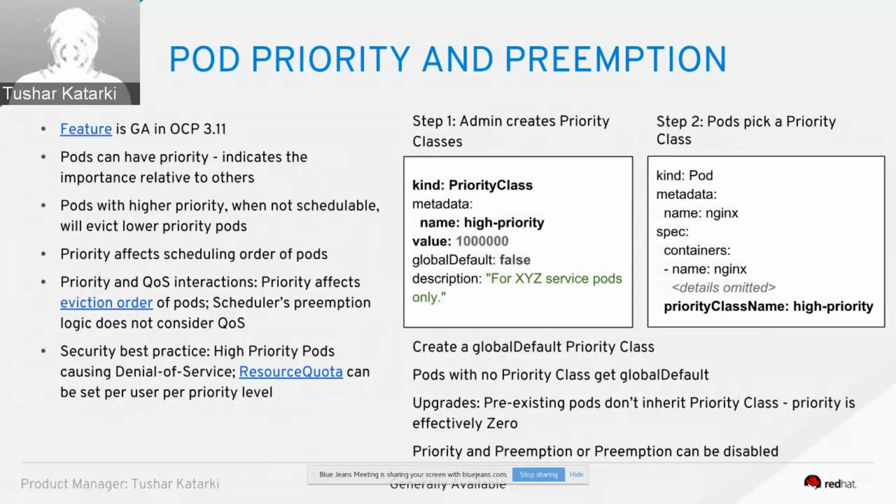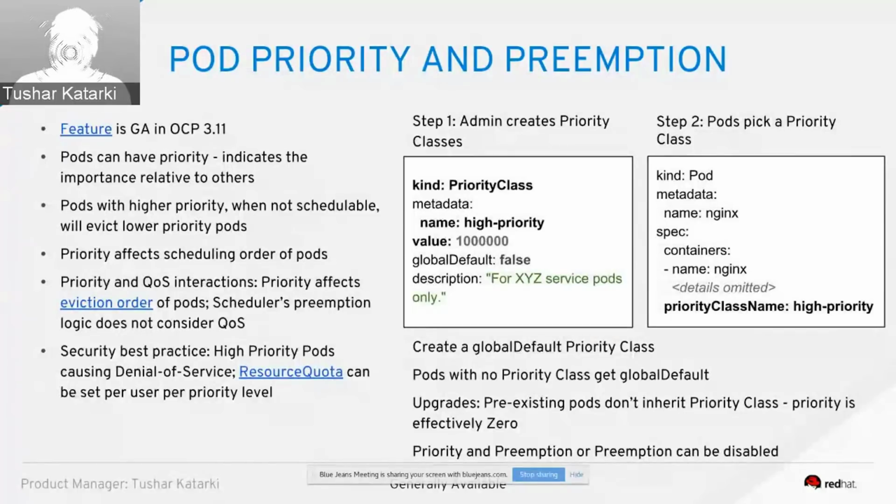One of the best practices to remember from a security point of view is that this obviously becomes a little bit of a security hole if somebody decides to use very high priorities for their pods, thus causing denial of service. So our recommendation is to use the resource quota feature to set up a quota per user per priority level, so that the DOS, the denial of service, does not happen, or at least is mitigated.